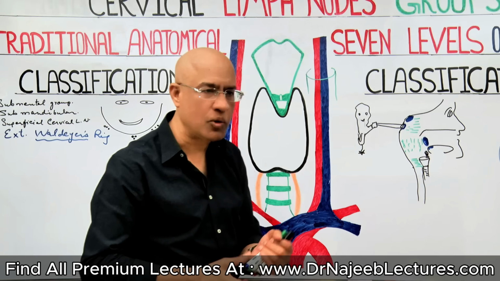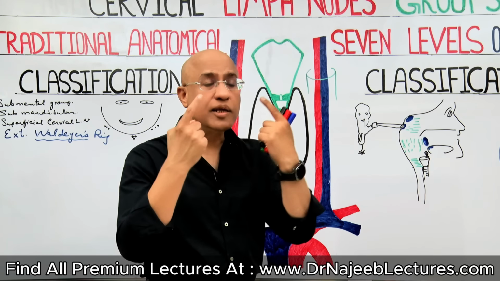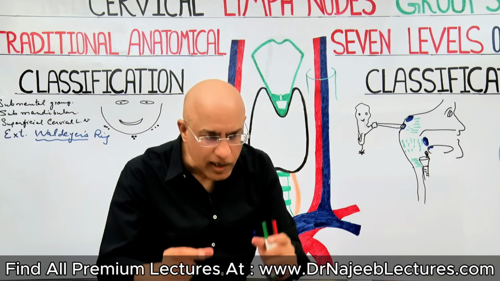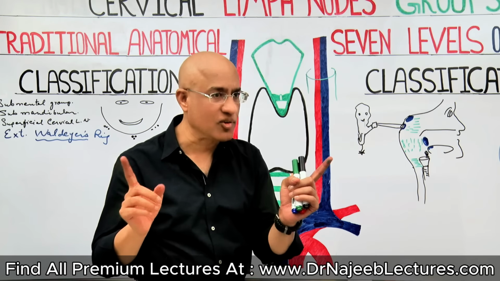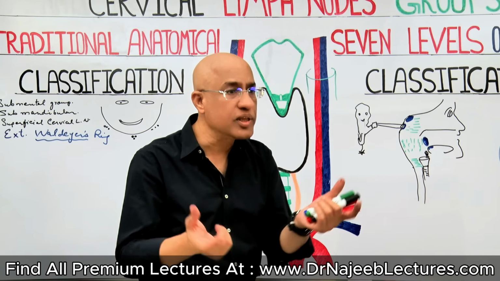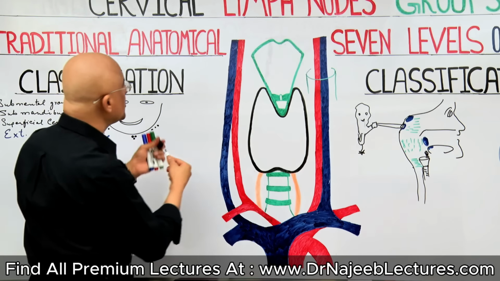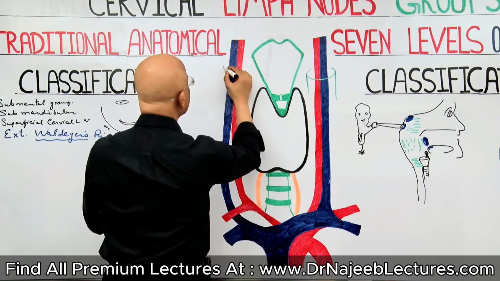Now we are going to talk about deep cervical lymph nodes which are running along the internal jugular veins, not external, and these lymph nodes are within the carotid sheath, right? Now these lymph nodes are divided into 3 groups, right?